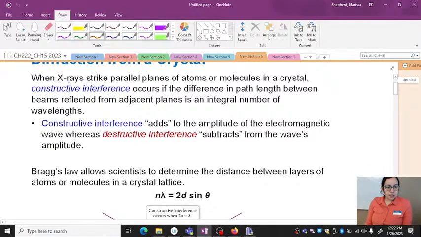You see, when the X-rays strike your parallel planes of atoms or molecules in a crystal, that's why it also has to be a nice, well-defined crystal. Then you have constructive interference if the difference in path length between the beams reflected from adjacent planes is an integral number of wavelengths.